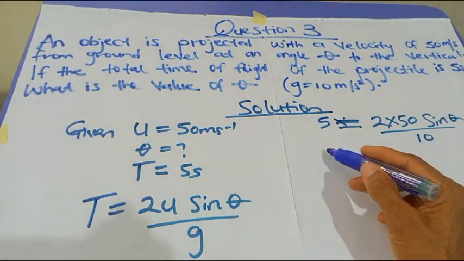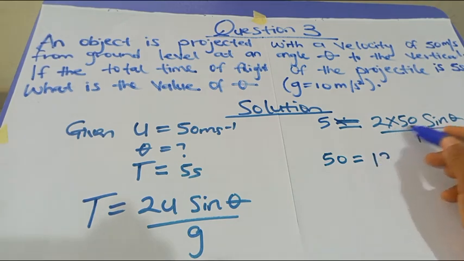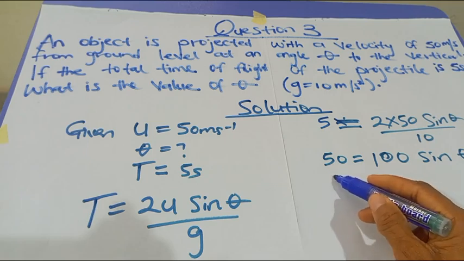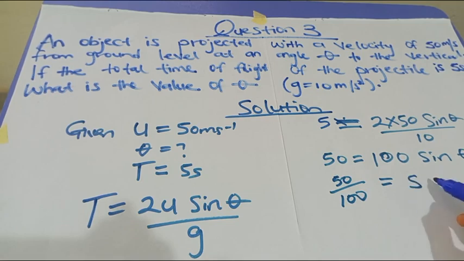So this times this will give us 50 is equal to 2 times 50, that's 100 sine theta. So divide both sides by 100, so that 50 over 100 is sine theta.